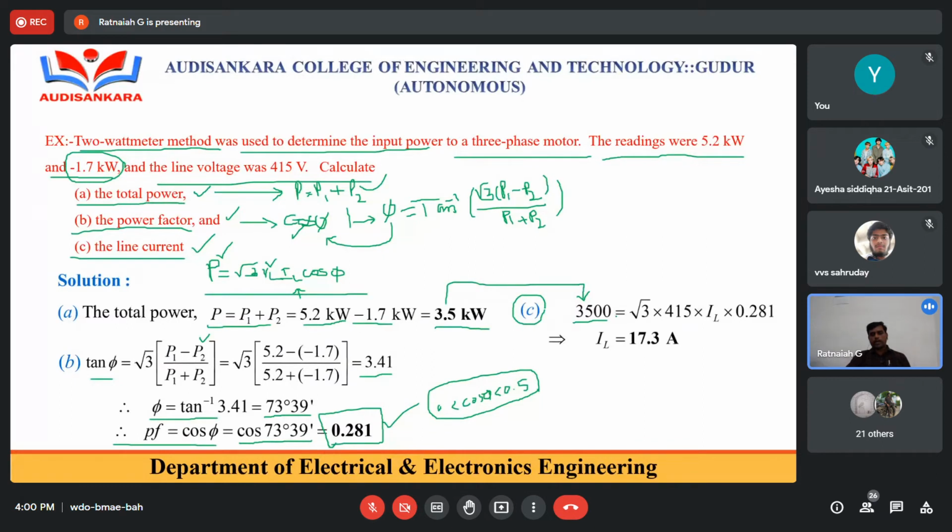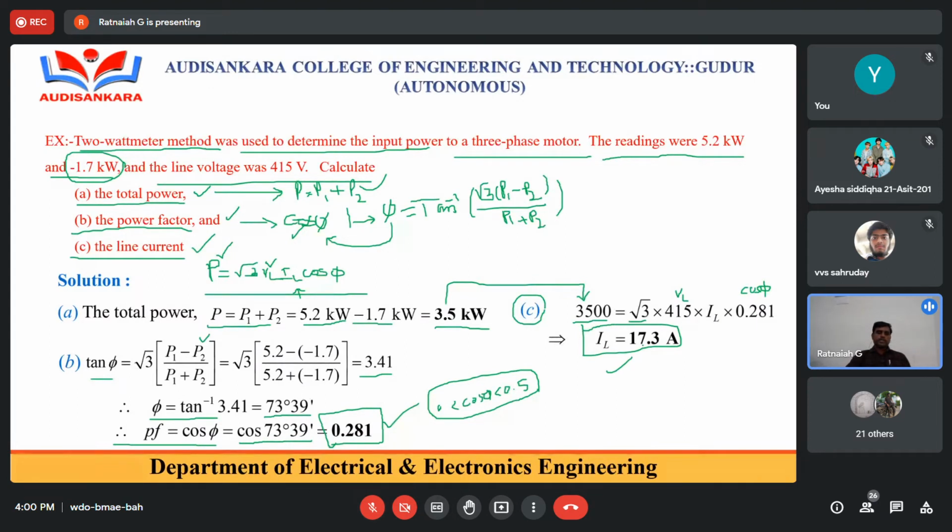So 3,500 is equal to root 3, now the line voltage is given, VL IL into the power factor, that is cos phi. Then what is the line current? IL is equal to 17.3 amperes.